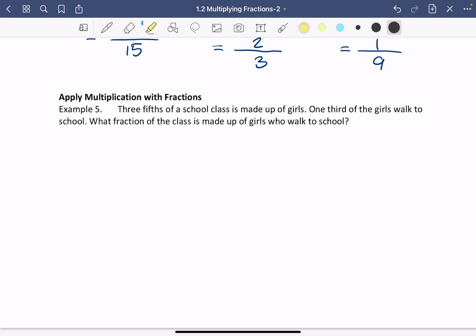So we know two pieces of information here. First of all, it's 3/5 of a school class is made up of girls. And then the second piece is that a third of the girls walk to school. So let's just write down the information. Girls is 3/5 of a school class.